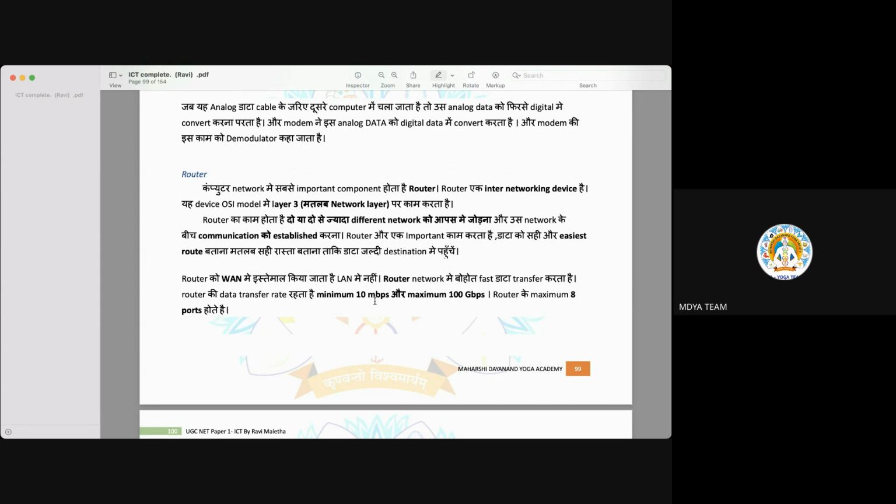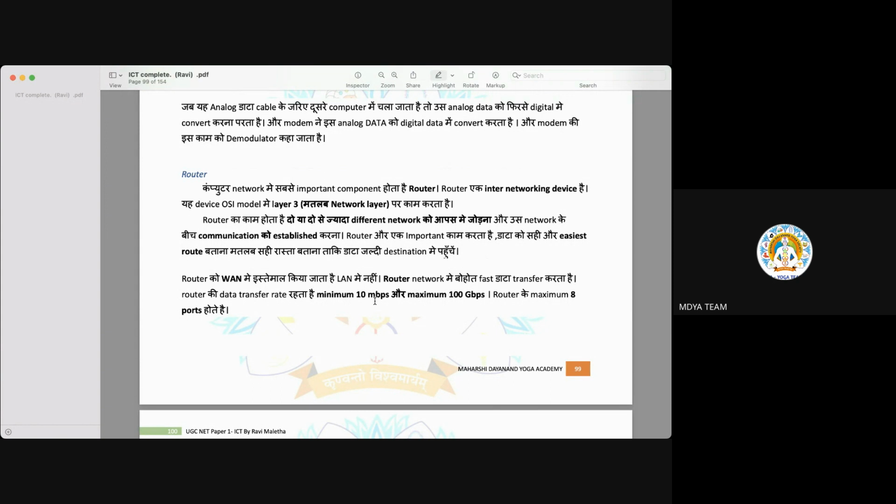And one more important thing is it guides the data to follow a certain easiest path so that the data will reach its destination faster.